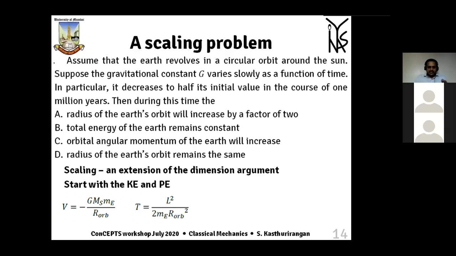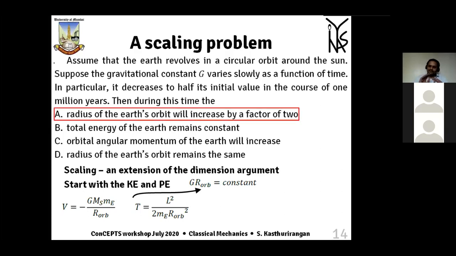If you take the ratio of T and V in this particular case, you will end up with this relation. G times R orbital is a constant. So if G is going down by a factor of 2, what will happen to R? To keep the product constant, R will increase by a factor of 2. Simple. This is a basic idea of scaling.